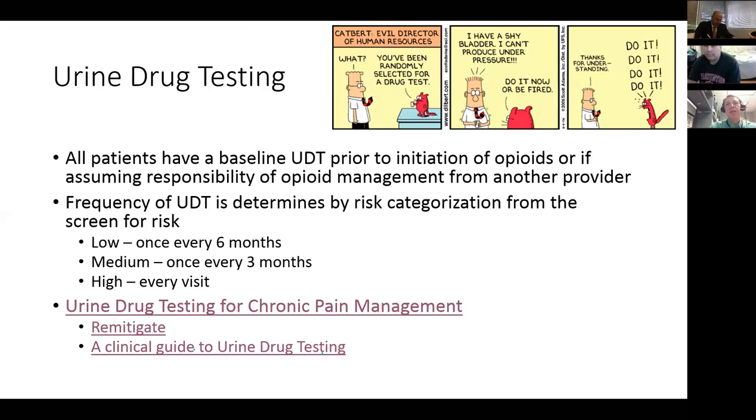For those of you that are still maybe not completely familiar with urine drug testing, these hyperlinked sources I would highly recommend to you. The bottom one is a monograph that gives you lots of great detail on the ins and outs of urine drug testing. I would tell you that there's a tremendous amount of nuance associated with urine drug testing.